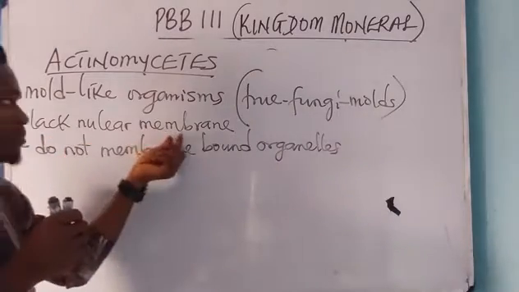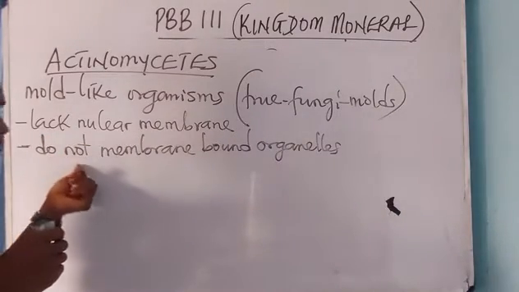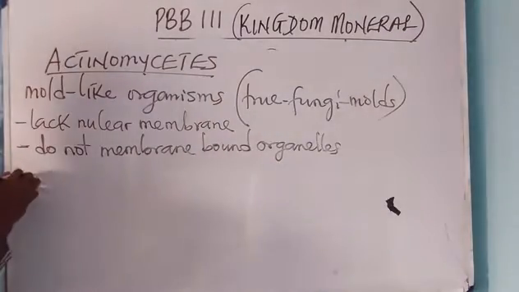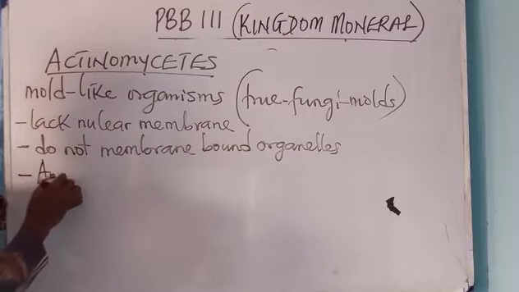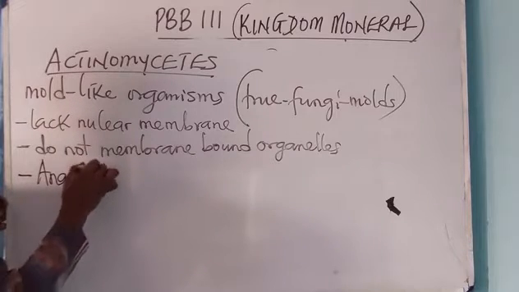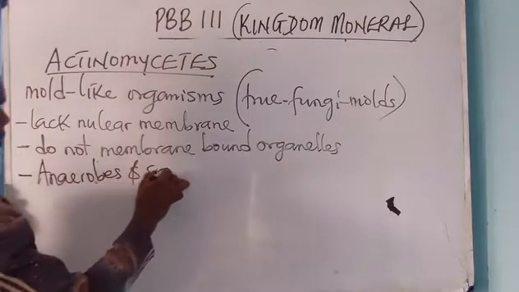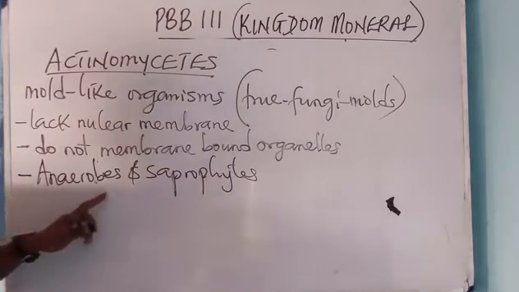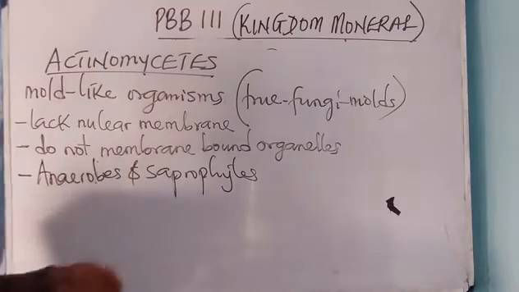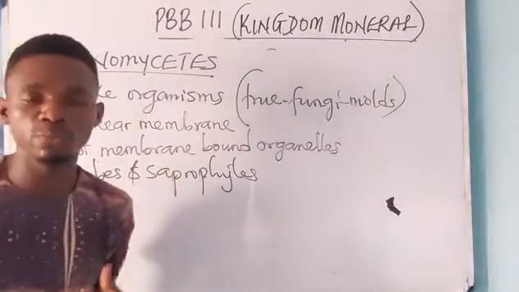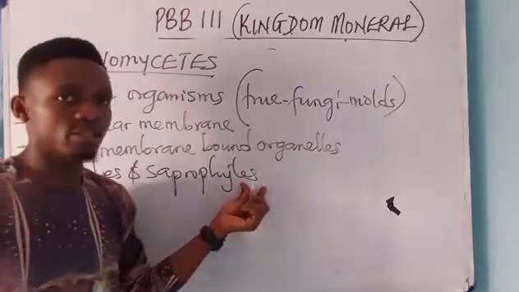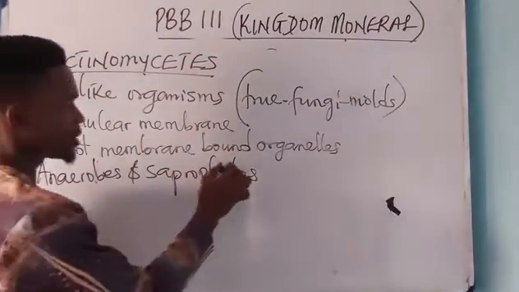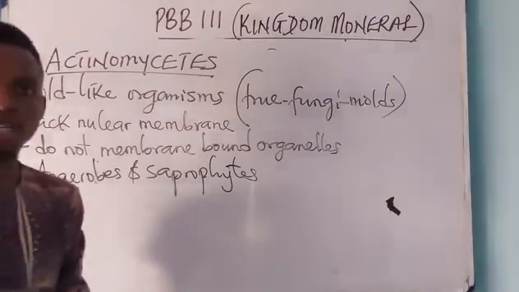They lack nuclear membrane. They do not have membrane-bound organelles, okay? And they are mostly anaerobes and saprophytes. They are mostly anaerobes and what? Saprophytes. And they have the ability to bring about what? Decomposition. They have the ability to decompose organic matter, thereby releasing what? Nutrients for the growth and good development of what? Plants.